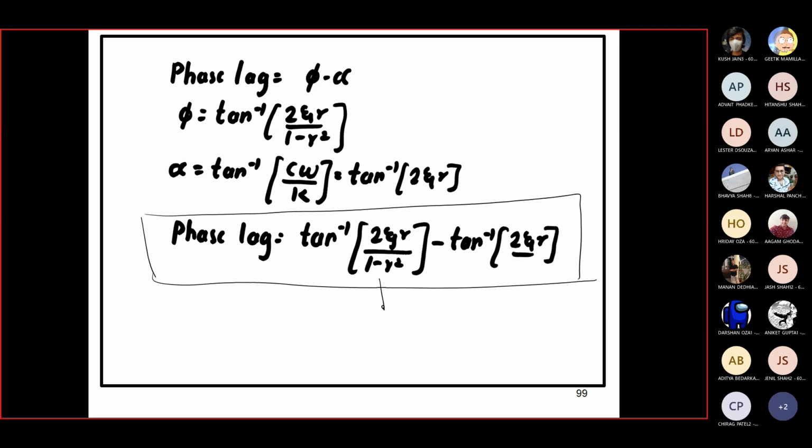So this was in terms of absolute amplitude. Now let's write for relative amplitude. So I can write relative displacement is z, that is x minus y. Then I can write that z dot is equal to x dot minus y dot, and z double dot is x double dot minus y double dot.